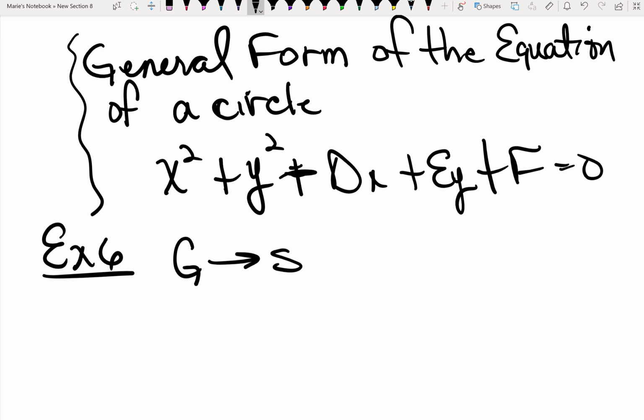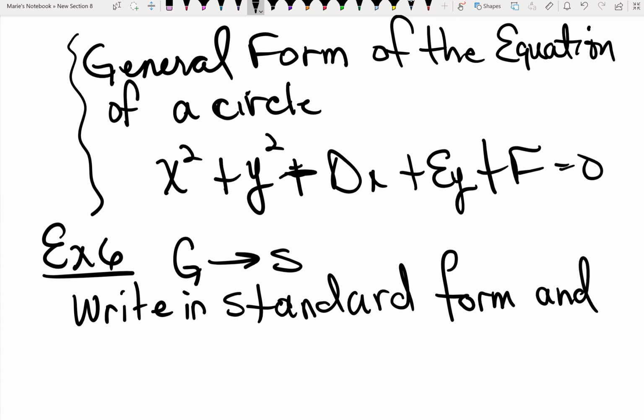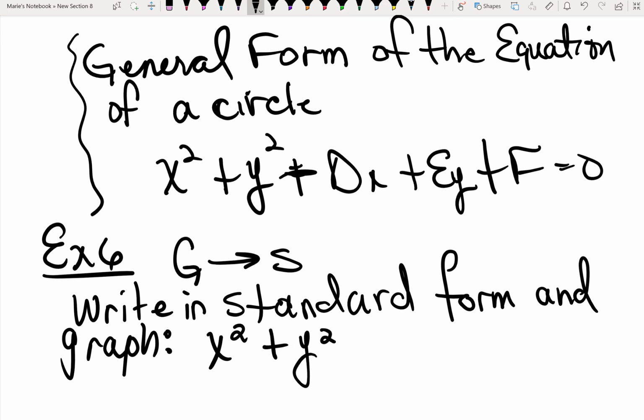Standard form was what we've been working with. So they want us to write in standard form and graph x squared plus y squared plus 4x minus 6y minus 23 equal to 0.